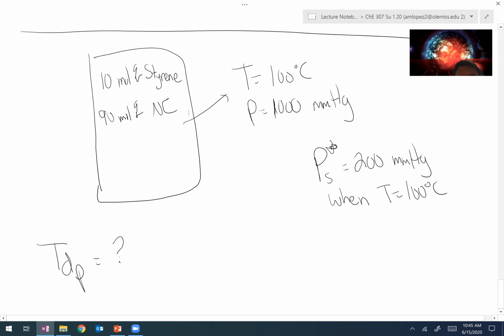So what is the dew point? Well, how can we find the dew point? What do you guys think?